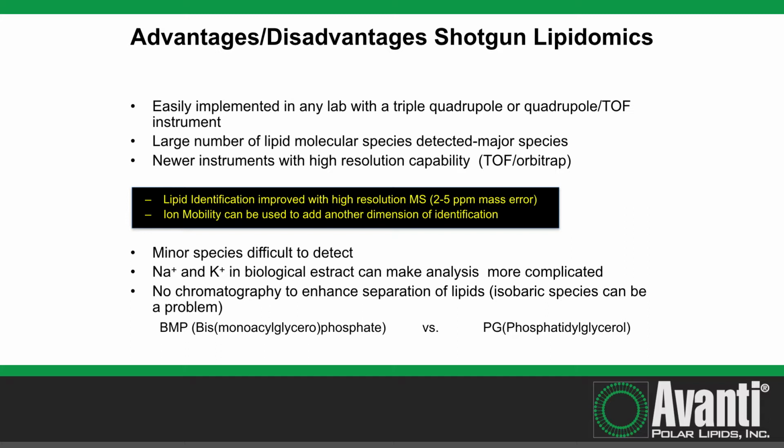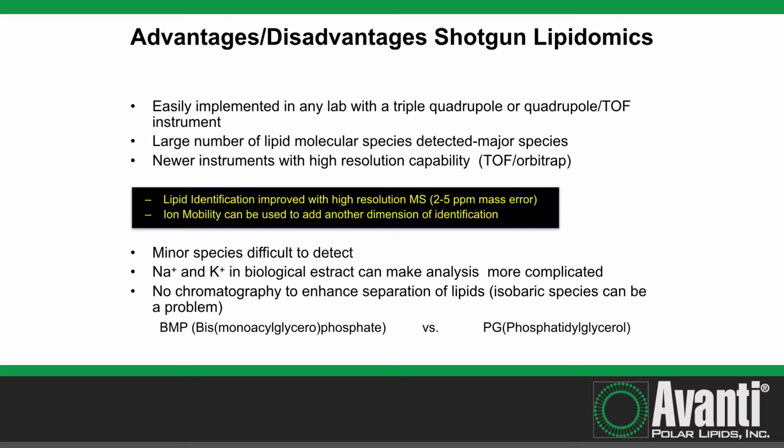Newer instruments have high resolution capabilities, such as the time of flight instrument or the Orbitrap based instruments, and these really remove a lot of the disadvantages I mentioned last time, with being able to measure the exact mass of the ions, and one can easily measure the exact mass difference between a lithiated salt and a protonated carboxylic acid.